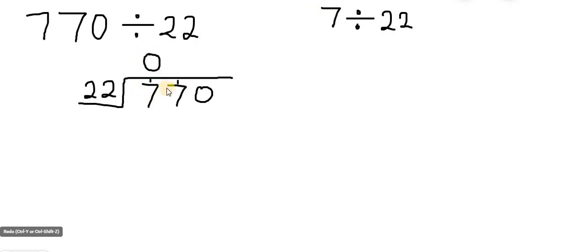Next thing, we pick 77, both numbers, divided by 22. We go straight to the times table.